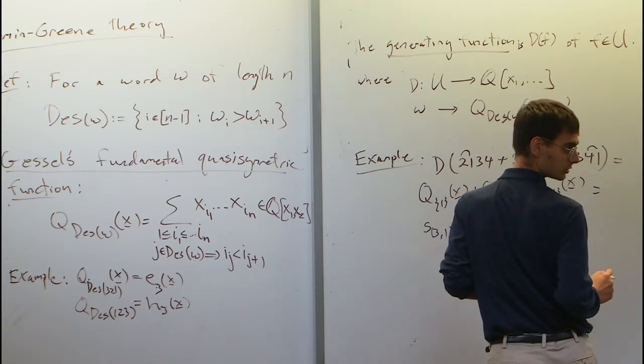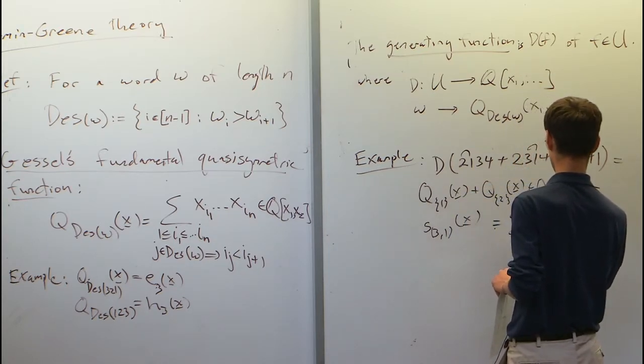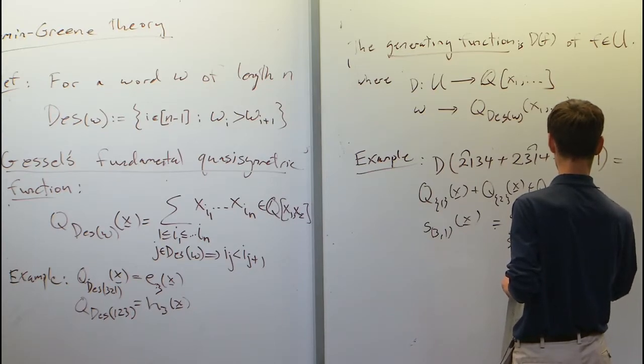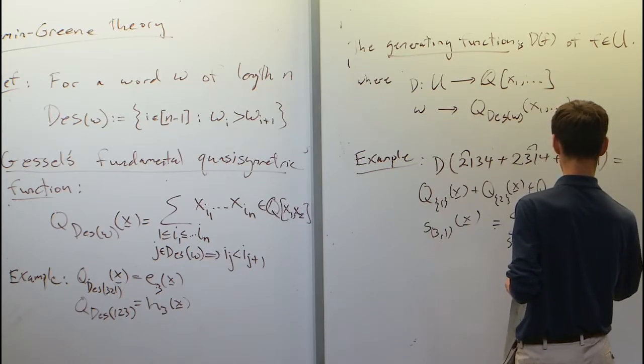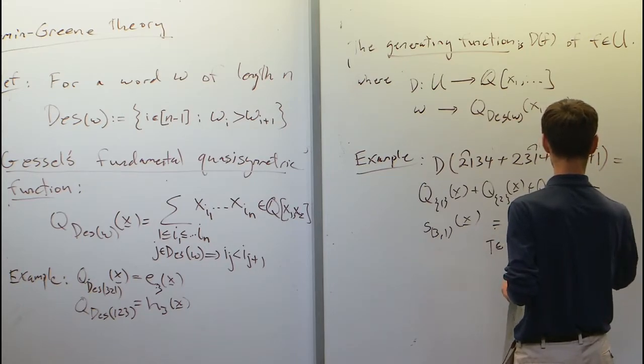Could you write out what S31 is so that we can check? Do you mean in terms of semi-standard Young tableau? Is this what you had in mind?